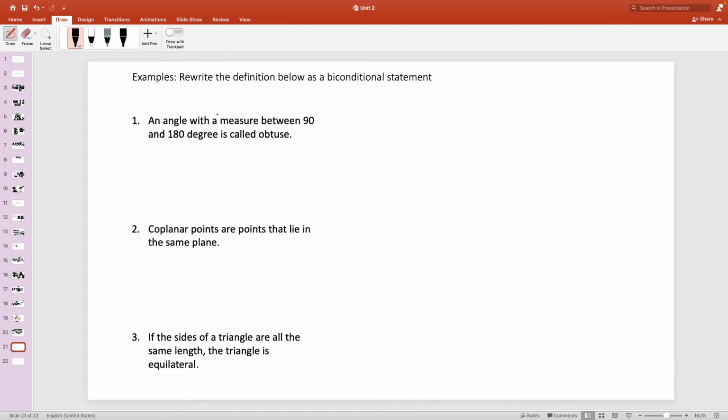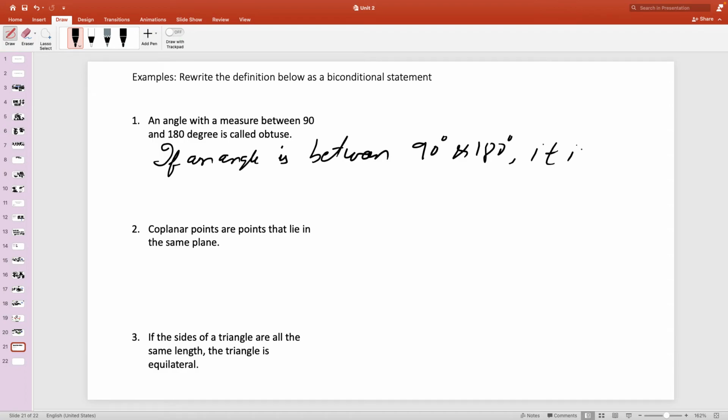So basically, the way to think about this is, the first thing I would write is, if an angle is between 90 degrees and 180 degrees, then it is obtuse. Sorry, I'm writing it as an if-then.